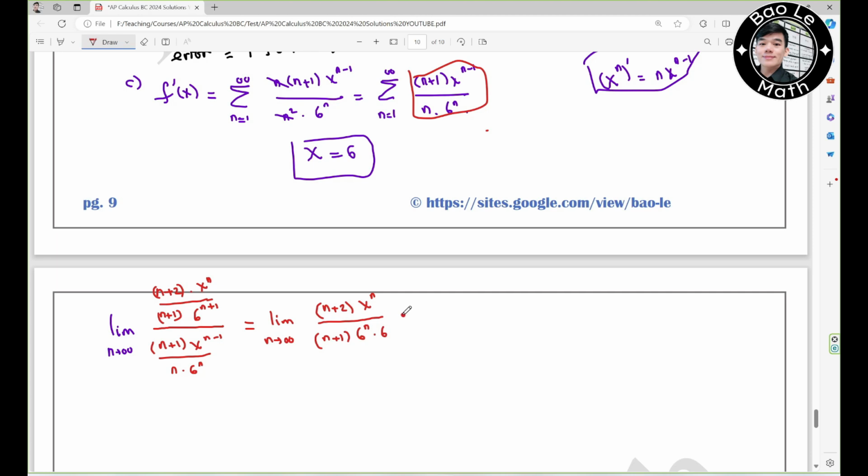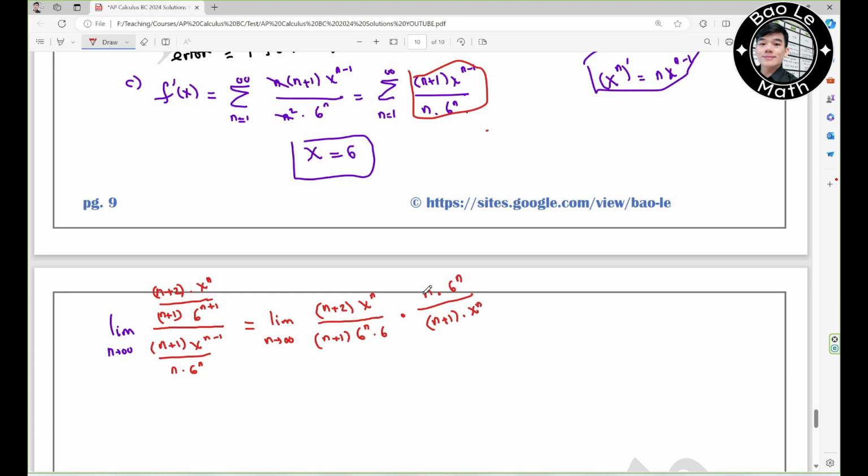Alright, now turn this guy into multiplication. You need to flip this guy, so it turns out to be n times 6 to the n over n plus 1, times s to the n divided by s.